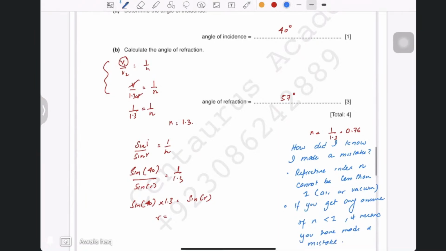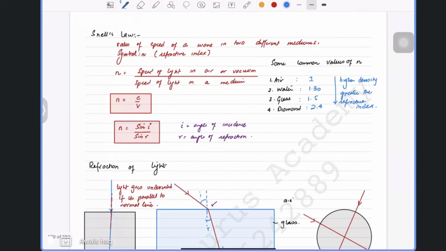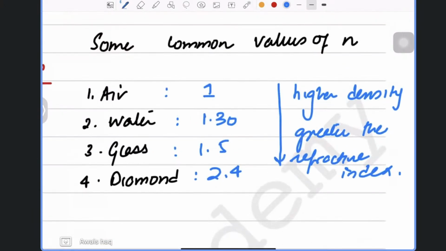No, so can you explain further? Sorry, come again? Sir, I didn't get it. Okay. When I wrote this here, like I said, air has just one refractive index, right? Air is the least dense thing. Do you understand?